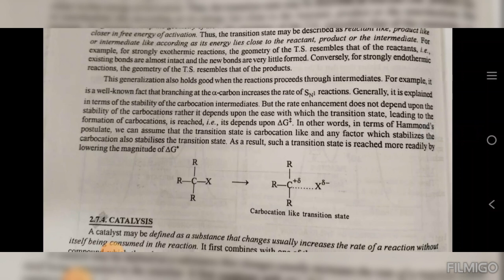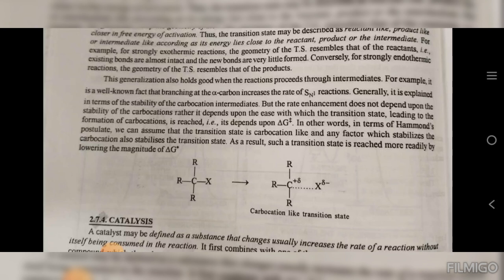For example, it is a well-known fact that branching at the alpha carbon increases the rate of SN1 reactions. Generally, it is explained in terms of the stability of the carbocation intermediates, but the rate enhancement does not depend upon the stability of the carbocations. Rather, it depends upon the ease with which the transition state leading to the formation of carbocations is reached.